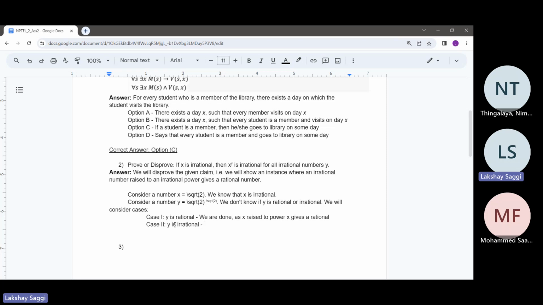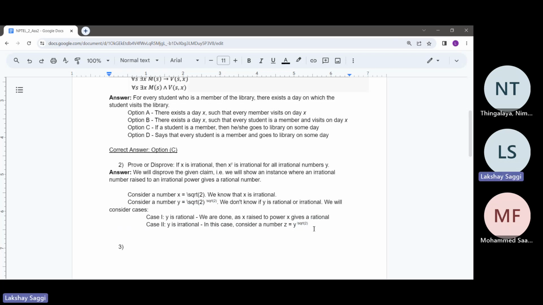Let's consider another number z equal to y raised to the power square root 2. Earlier we took root 2 and raised it to the power root 2. If you obtain an irrational number, then just raise it again to the power root 2.